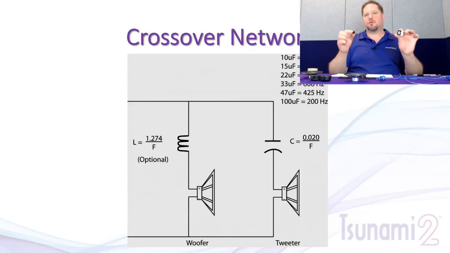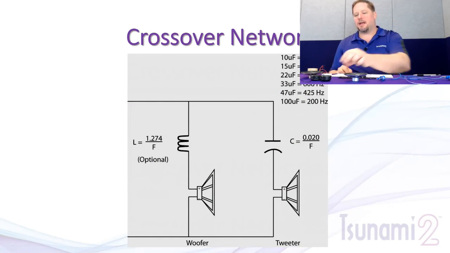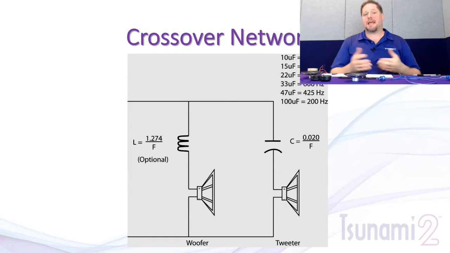Well, what you can do is build a crossover network, and this information will be able to be accessed later. We're not going to go into too much detail, but basically you've got an inductor and a capacitor, and those act as filters, and then based on where you want that filter to cut off, and this is where you want to look at the frequency range of your speaker, that'll give you the values to plug into those equations.